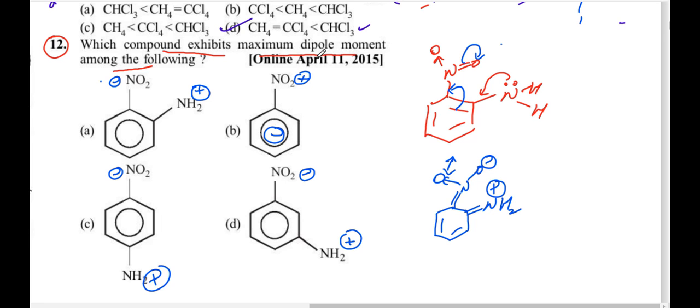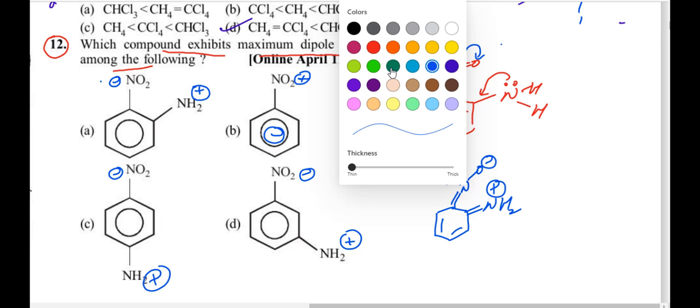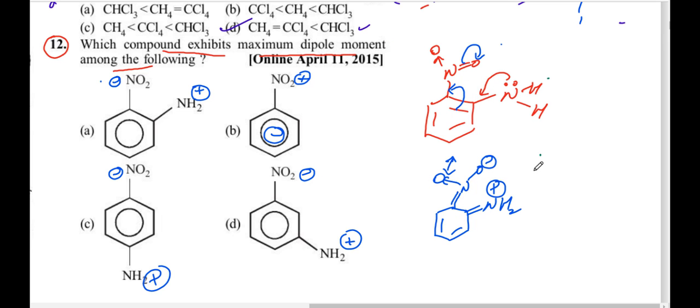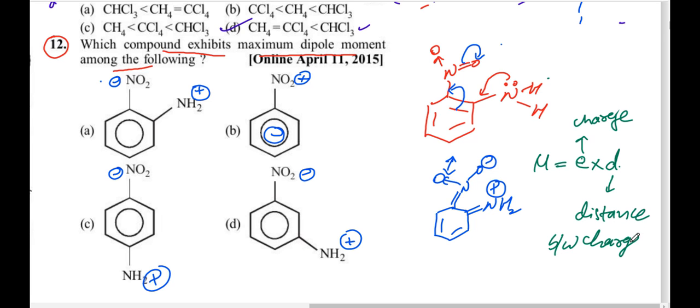Which compound exhibits maximum dipole moment? See, the dipole moment formula is mu equals E into D. What is E here? Charge. D is the distance between the charges.